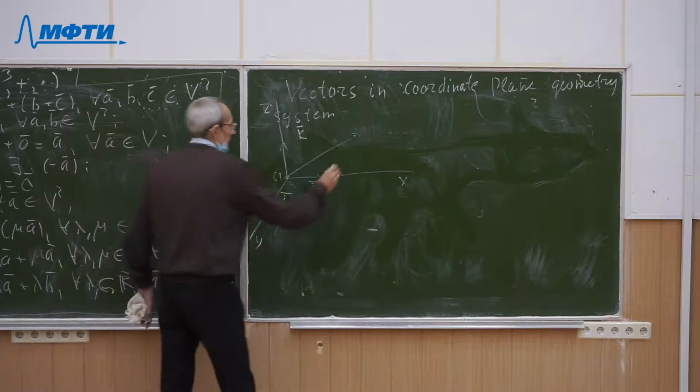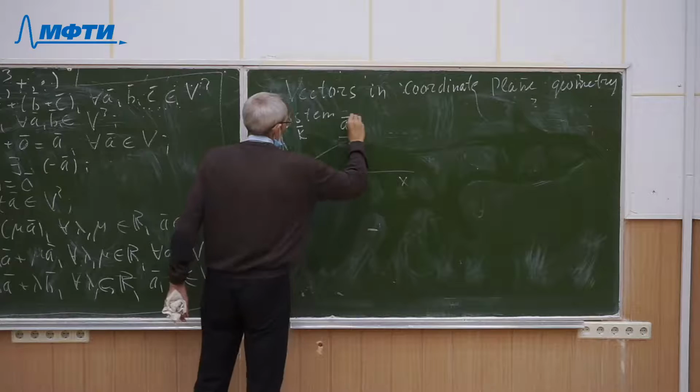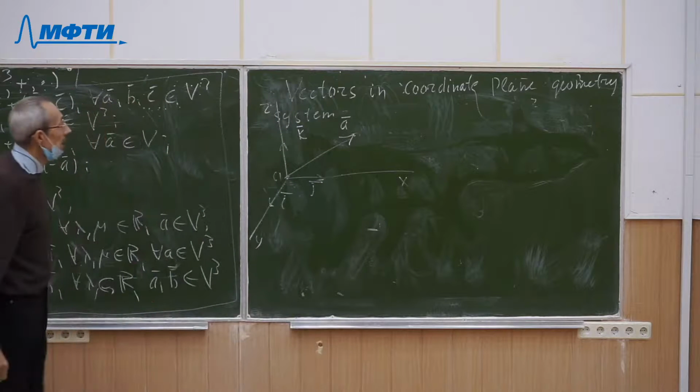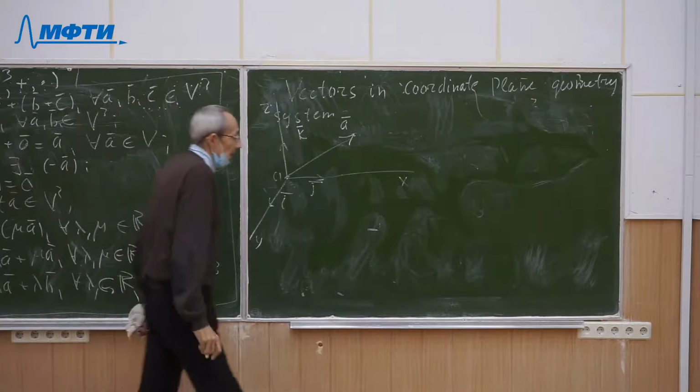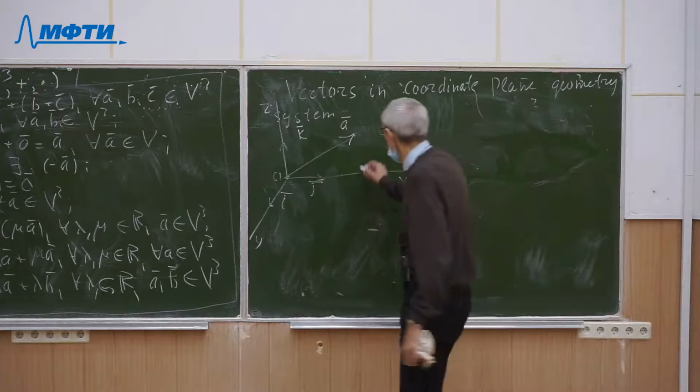If we consider an arbitrary vector A, we can correspond to this vector its projections on these straight lines.